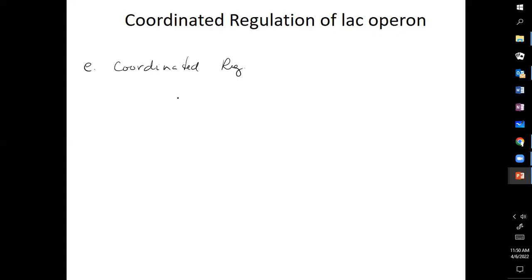So let's take this situation where we have high lactose and high glucose. Let's think about what's on the operon system. So here's our I P O Z Y.